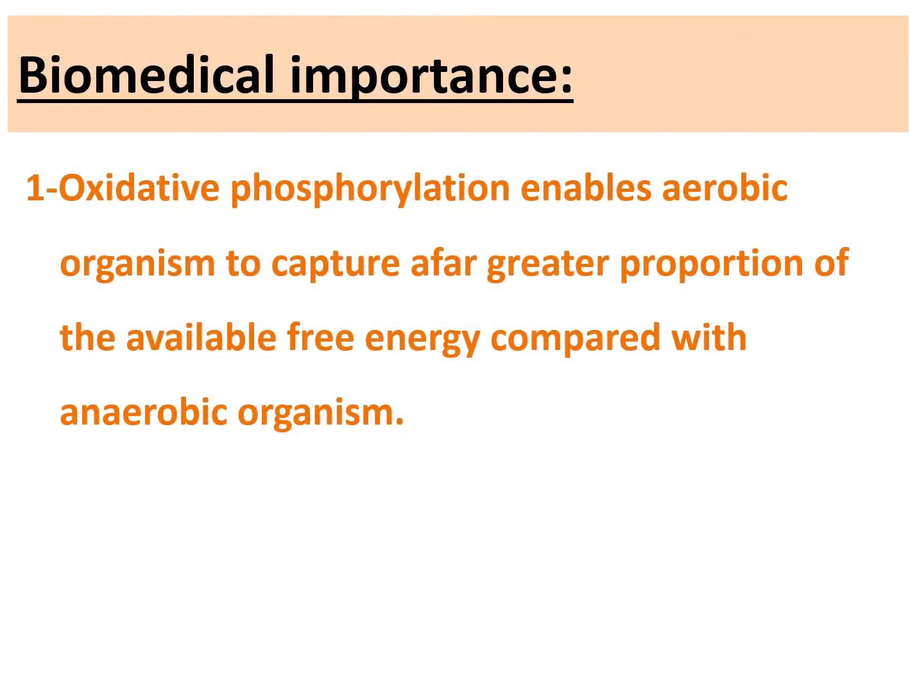Biomedical importance. Oxidative phosphorylation enables aerobic organisms to capture a far greater proportion of the available free energy compared with anaerobic organisms. When we talk about glycolysis, under aerobic condition it produces 7 ATP.